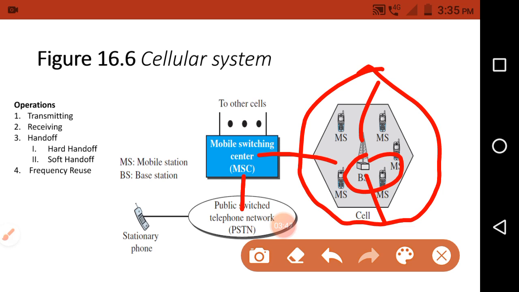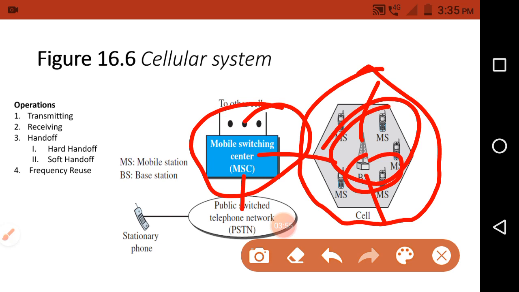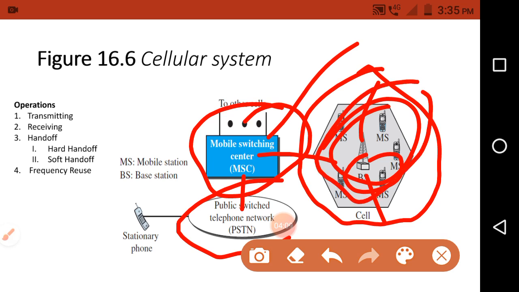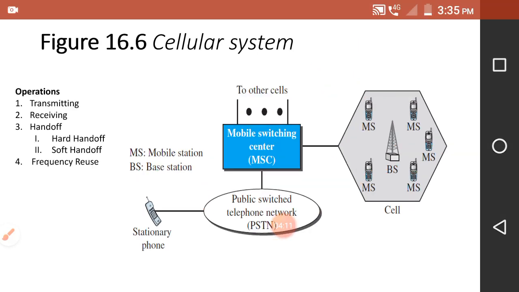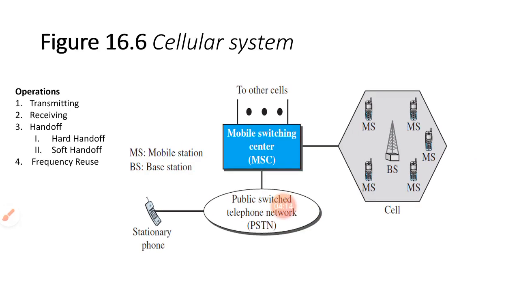The mobile switching center coordinates the communication between all the base stations and the public switched telephone network. It acts as an intermediary between the public switched telephone network and all the base stations. So this is the diagrammatic representation of the cellular system.